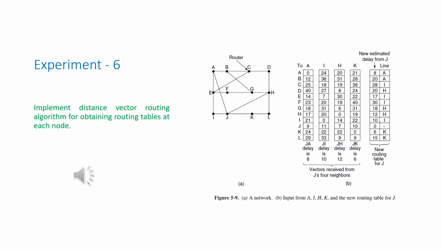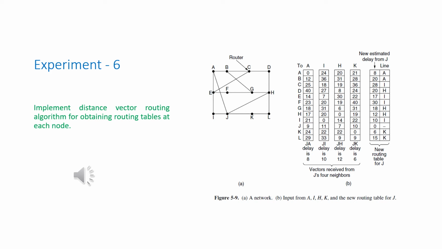In this case it takes 8 plus 24, that is 32... 34 milliseconds, and in this case 12 plus 20 it is 32, and in this case 6 plus 21 it is 27. Now if you compute which is the best path, here it is taking 8, here 34, here 32, here 27.